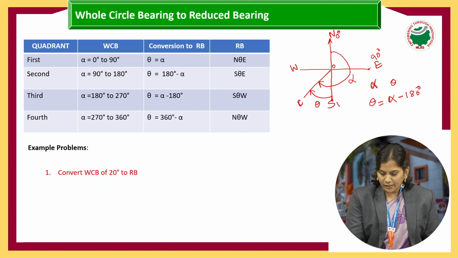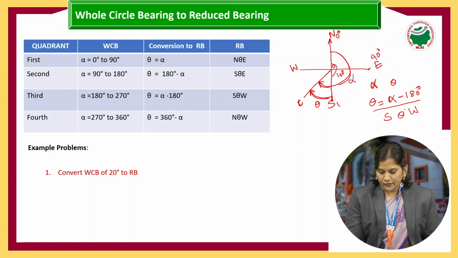You can see from the diagram: this is 180 degrees, and we need this angle, that is theta. If we subtract 180 from alpha, we get the theta value. The directions again: south towards west, that is south theta west.